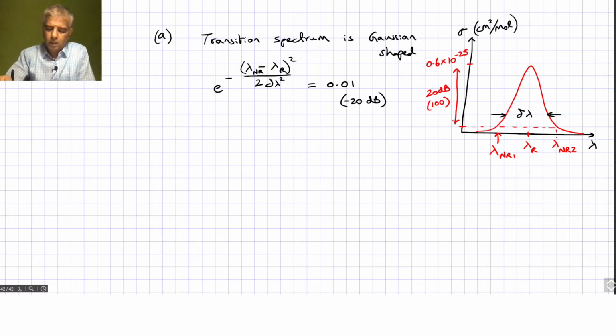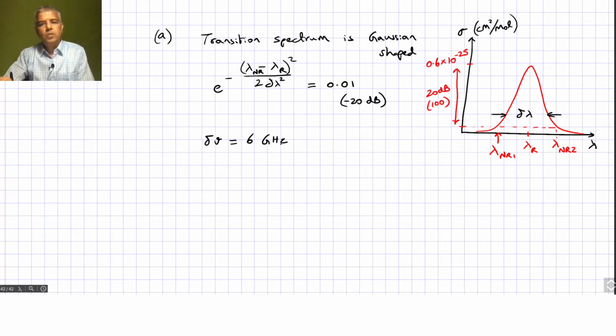That's 20 dB down, right? If we do the math, we can rearrange all these terms and get an expression for lambda NR. Lambda R we know. Delta lambda is something that we've been told. We have been told that delta nu, according to the question, is 6 gigahertz.